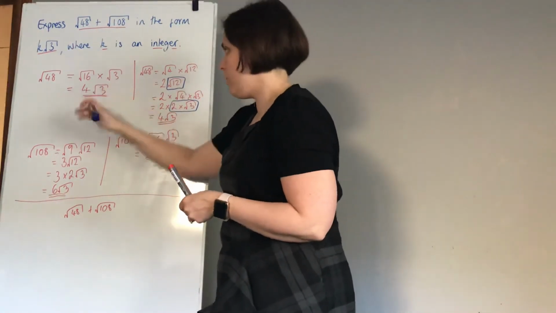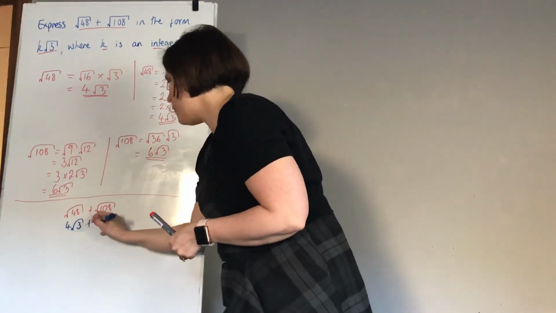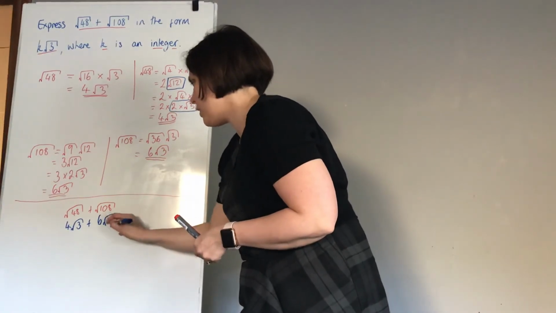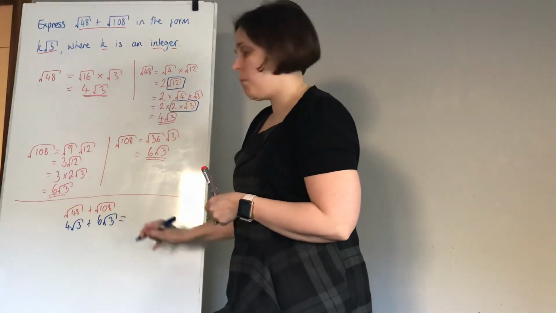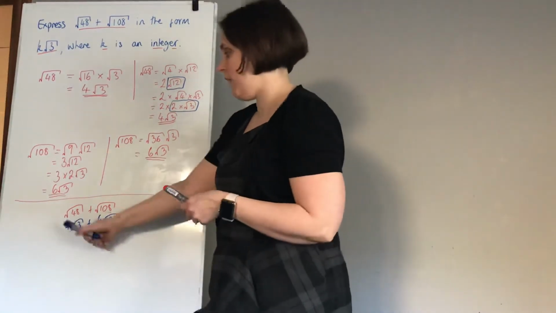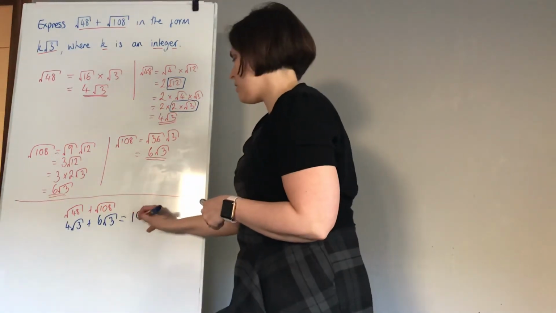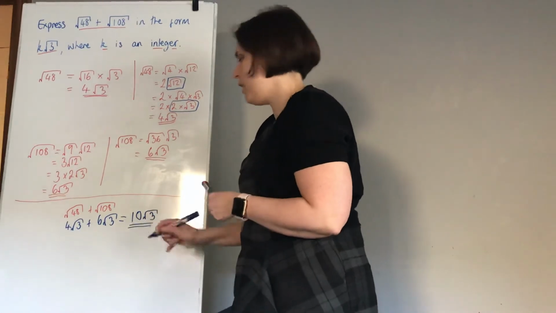We now know that root 48 is 4 root 3, and root 108 is 6 root 3. When you get here, you can simplify that just like you would algebra. If that was 4x plus 6x, I would have 10x. So my answer, in the same way, is 10 root 3.